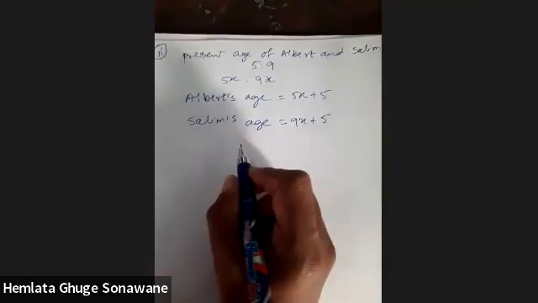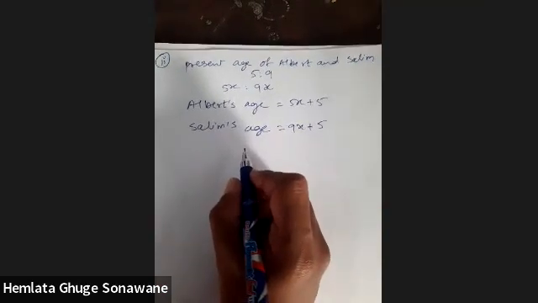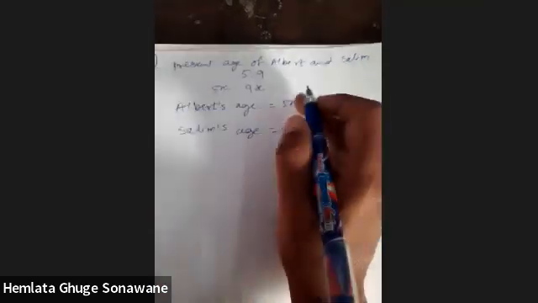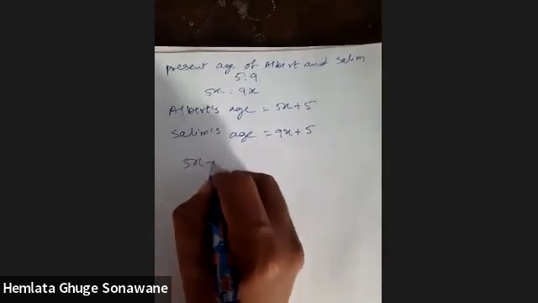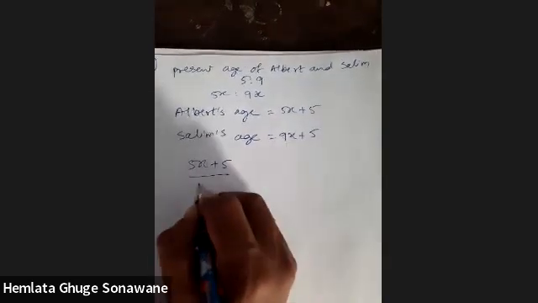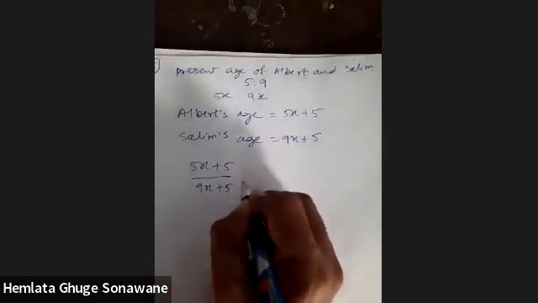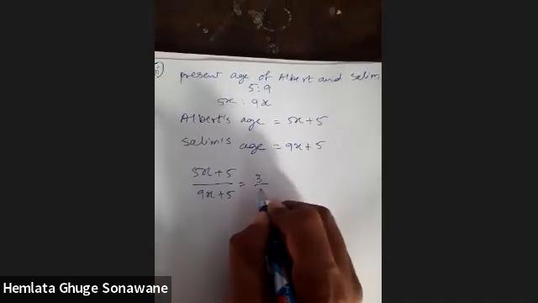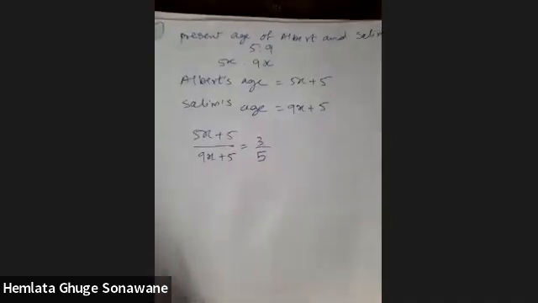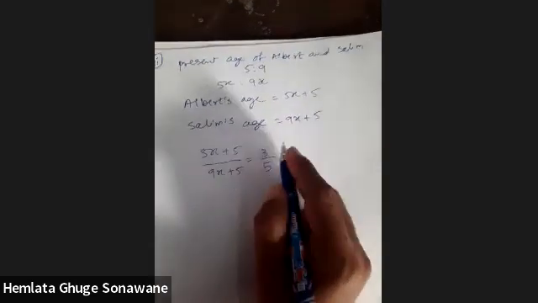Okay. Now the ages will be 3:5. Now what we will get: 5x plus 5 upon 9x plus 5. Its ratio will be 3:5, that is 3 upon 5. Now we'll do cross multiplication here.